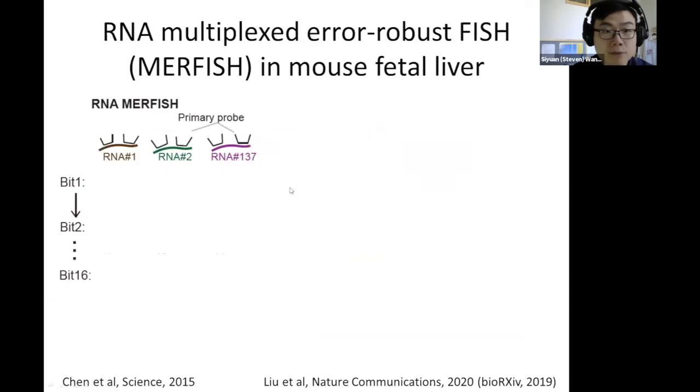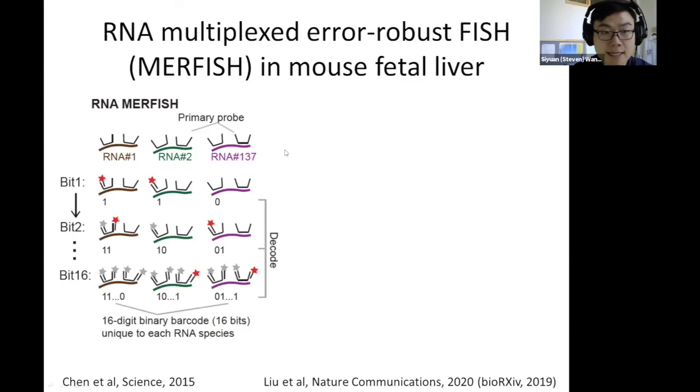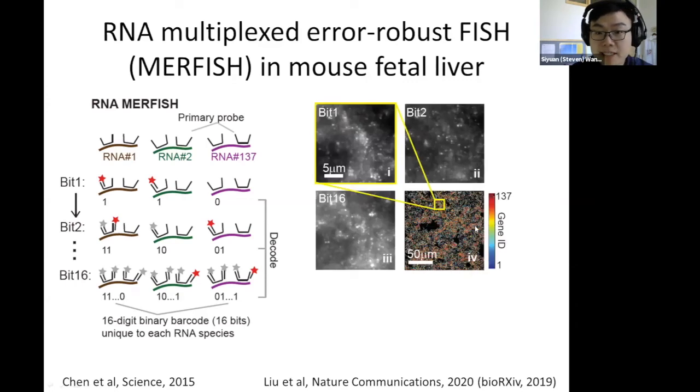And here, to image the 137 RNA species, we used this technique termed MERFISH, or multiplexed error-robust FISH. So it's another technique I co-developed back when I was a postdoc with colleagues. And this is the representative image of applying this technique to mouse fetal liver.